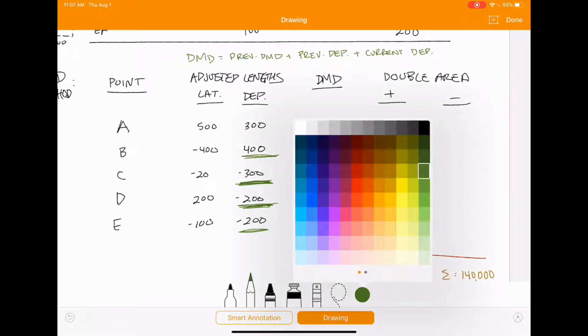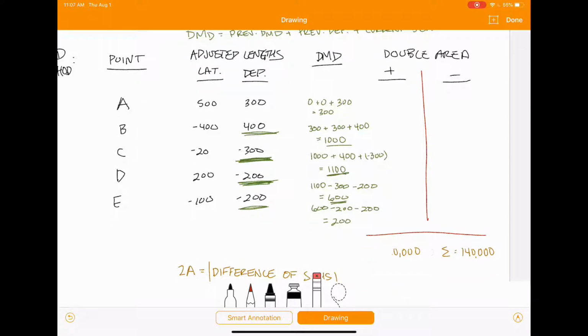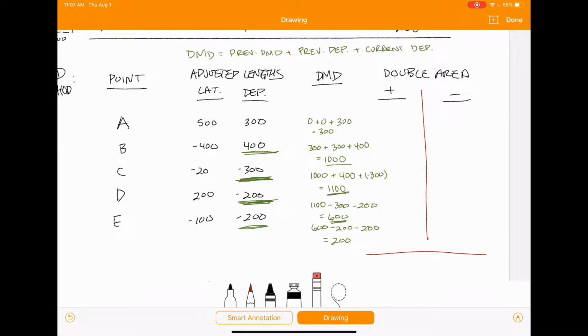Now we're going to go ahead and find our double area. So our double area we've set up in 2 columns here, positive and negative. When you find that area, rather than keeping track of signs, you can just place them in different columns, and it'll be easier to keep track of.